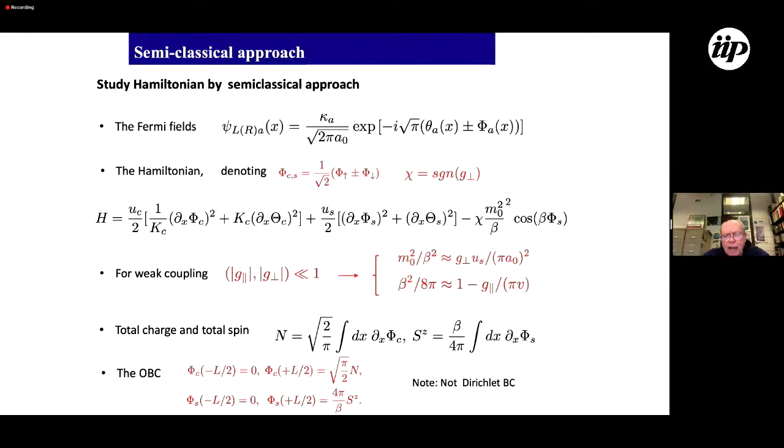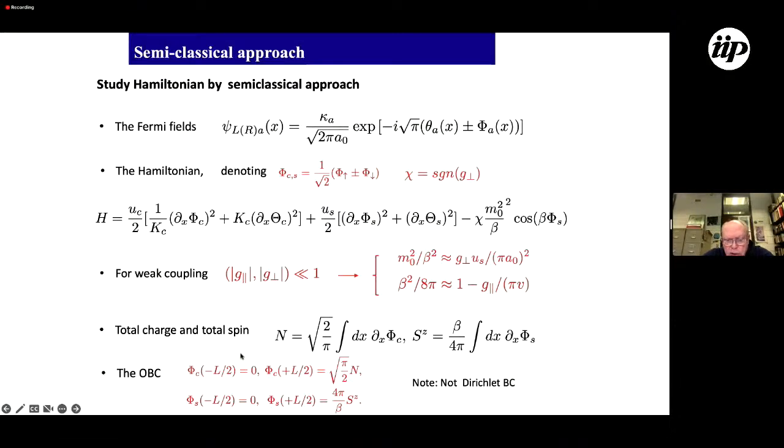So let me explain this appearance of spin quarters. First, I'll do it semi-classically, and then I'll do it fully quantum. So semi-classically, I do the usual: I bosonize, and I take the semi-classical limit.